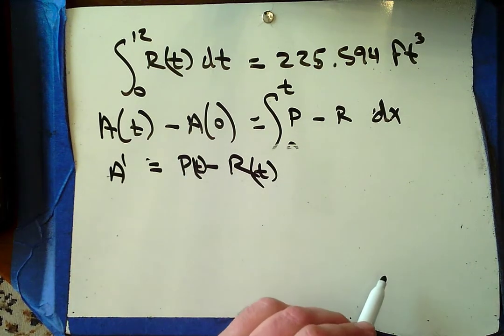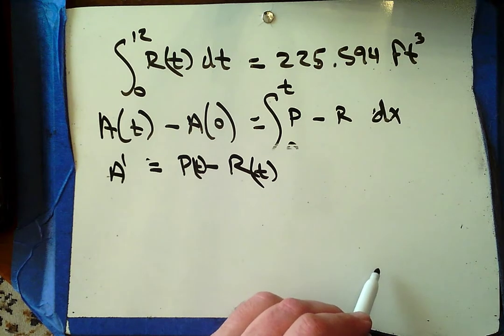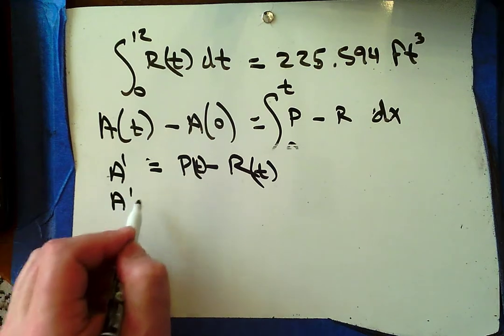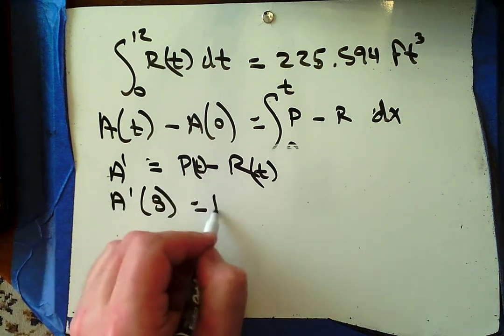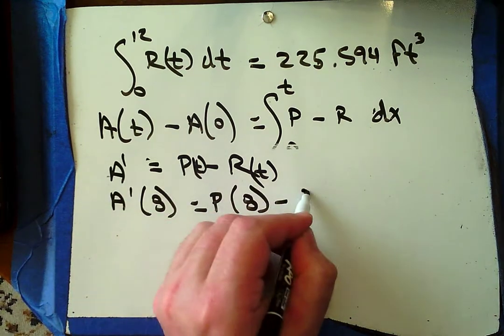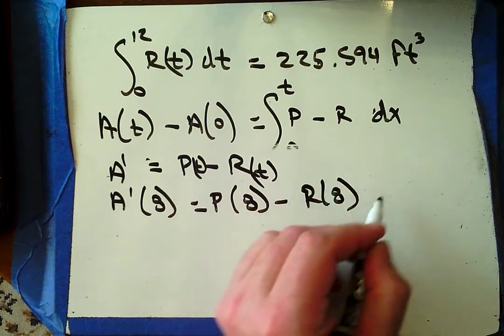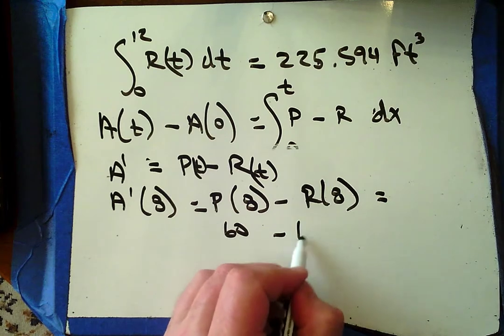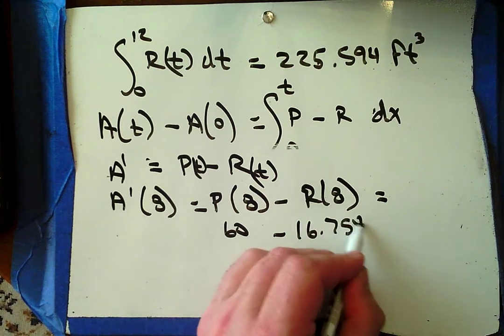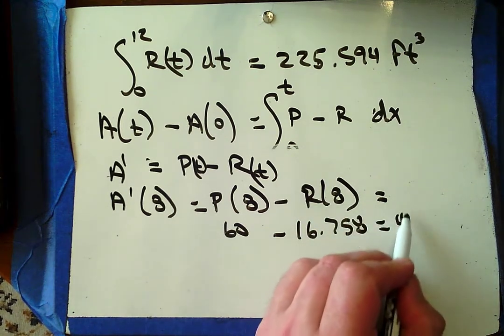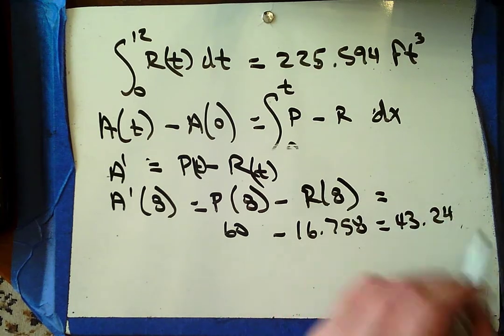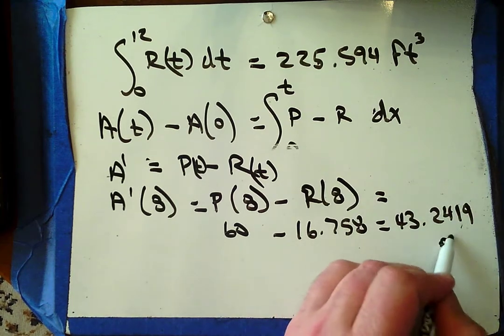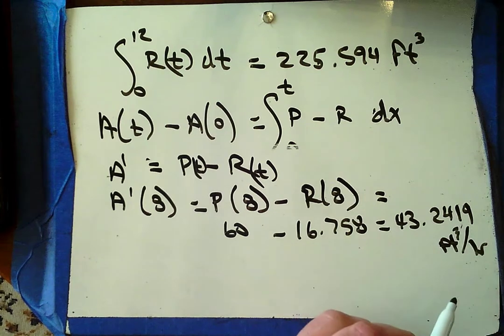So we want to know, find the rate at which the pool is increasing at 8. I want A prime of 8, which is p of 8 minus r of 8. That's 60 minus 16.758, or 43.2419 cubic feet per hour.